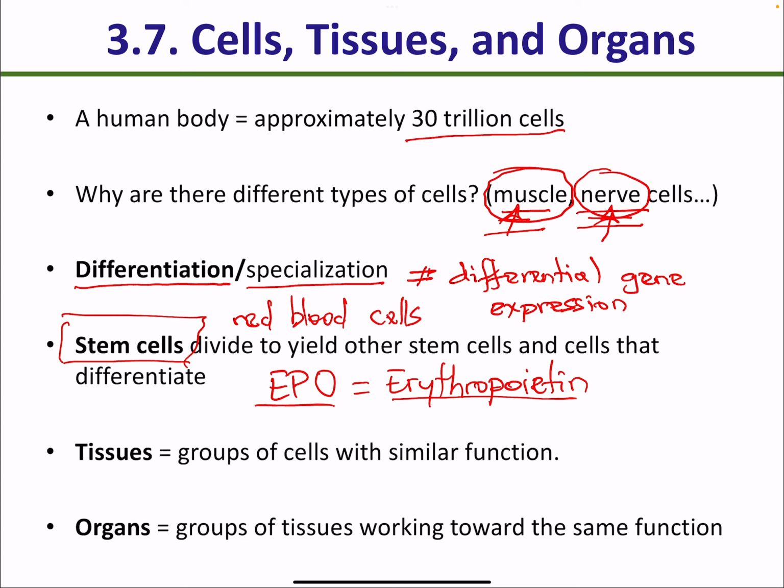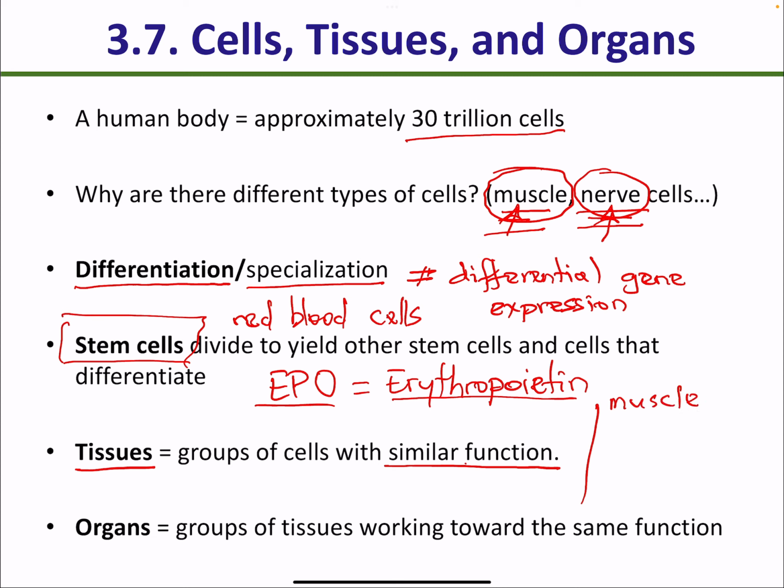Now, differentiated cells that are similar are going to come together to form tissues so that they can work toward the same function. Now, what are the different tissues? Let me tell you about the different tissues. We're going to have muscle tissues.